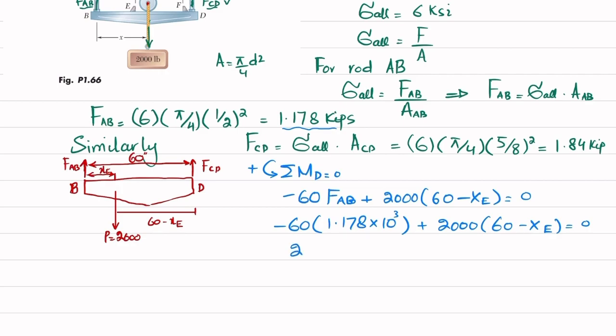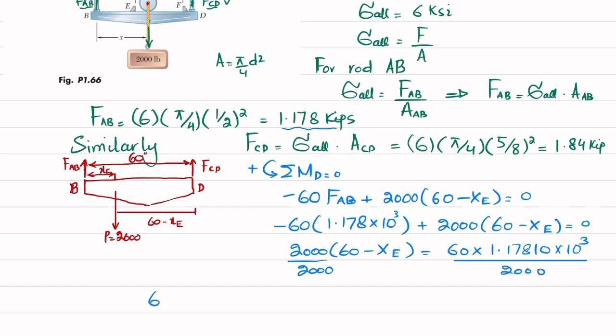So 2000 into 60 minus XE will be equal to 60 into 1.178 into 10 raised to power 3. If we divide by 2000 on both sides, we are left with 60 minus XE equal to 60 into 1.178 into 10 raised to power 3 divided by 2000.